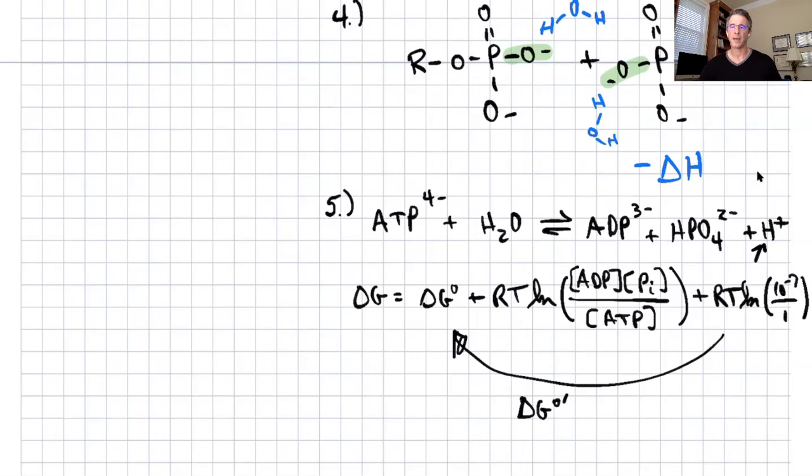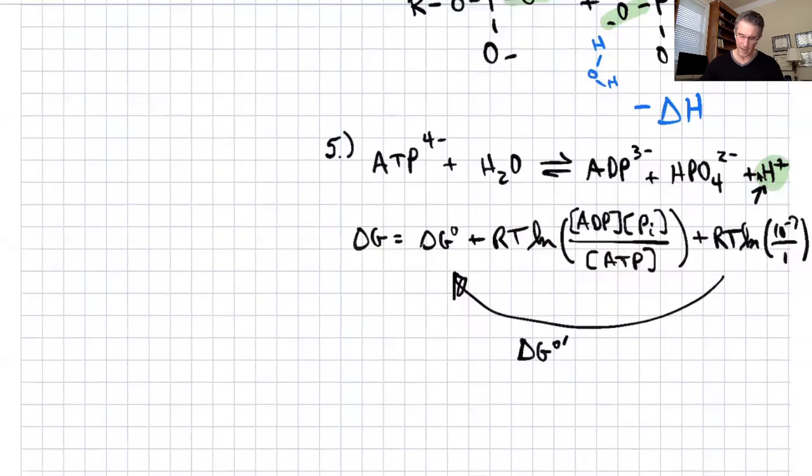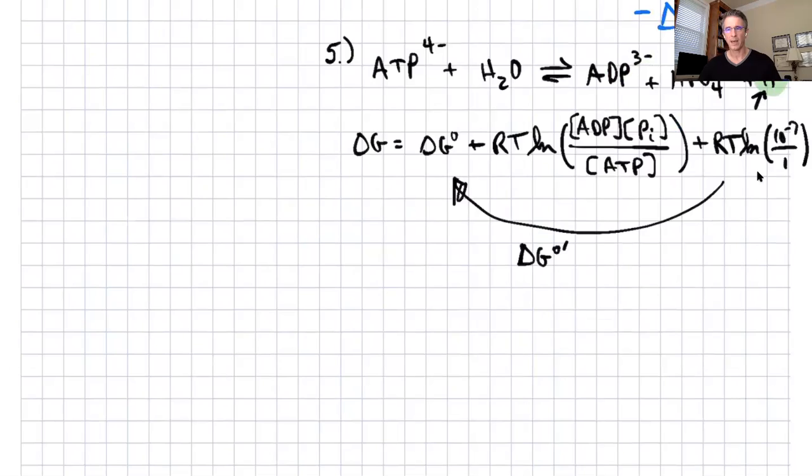So at neutral pH, the fact that the buffered solution is going to soak up those protons is going to help pull that hydrolysis reaction in the direction of ADP and inorganic phosphate, because you're basically soaking up one of the products of the reaction, right?